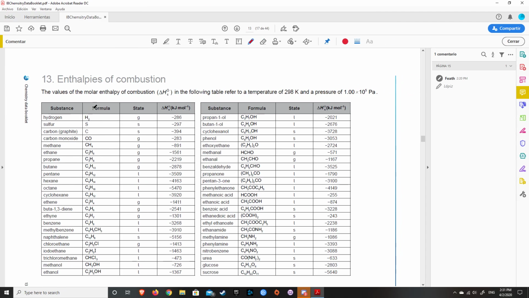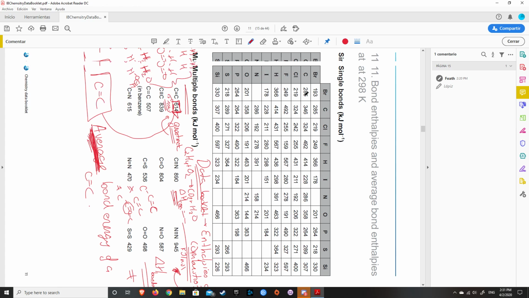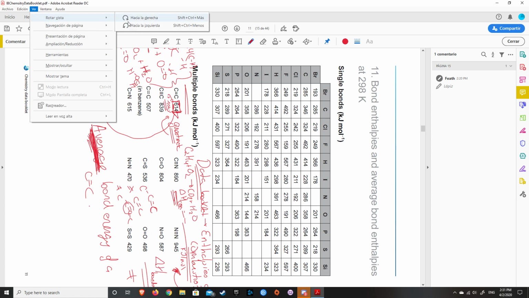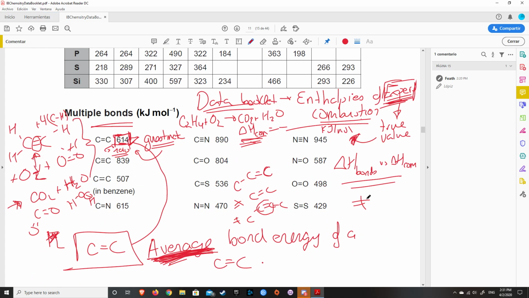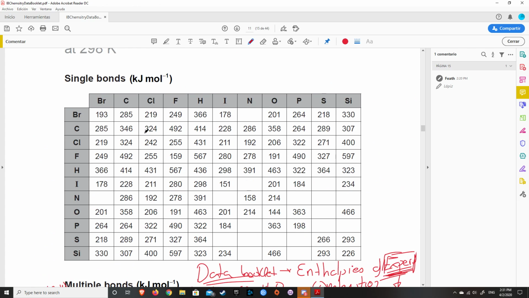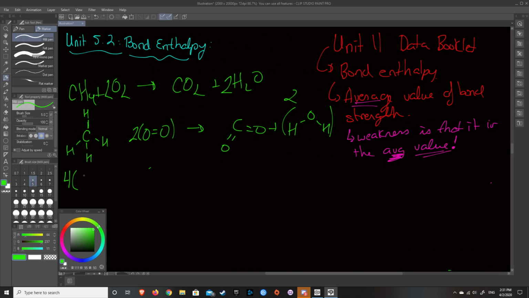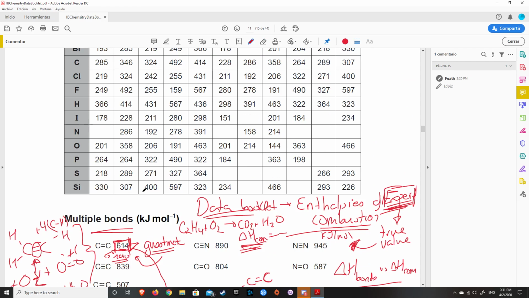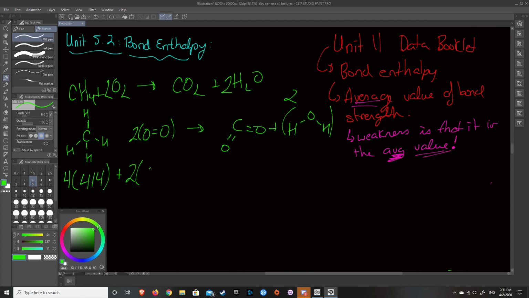So we've got to go back up to our last page. Carbon-hydrogen single bond: carbon bonded to hydrogen is 414 kilojoules per mole. So 4 times 414, plus 2 times the oxygen-oxygen double bond, which was right down here, at 498, so 2 times 498.